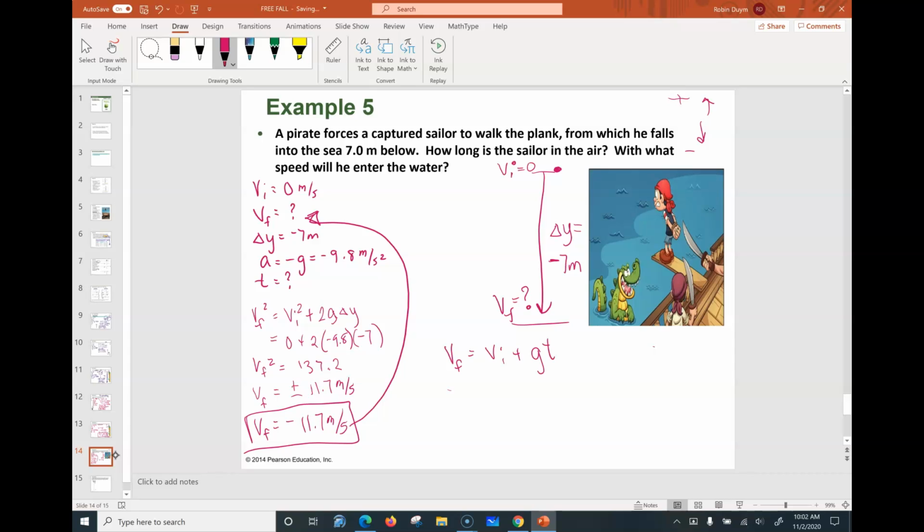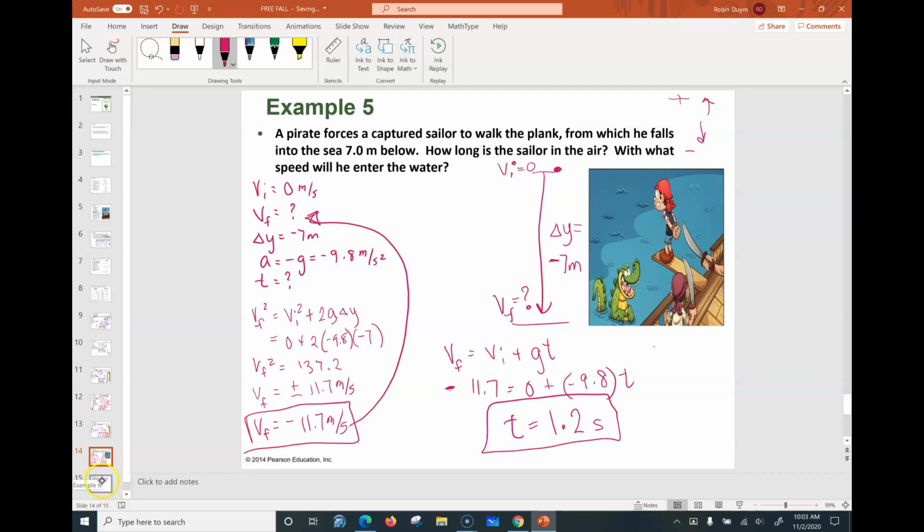And my final velocity was negative 11.7 equals 0 plus a negative 9.8 meters per second squared times time. And then if you just divide those two, you will get a time equal to 1.2 seconds. That's how long it took the pirate to fall from the plank down to the sea.